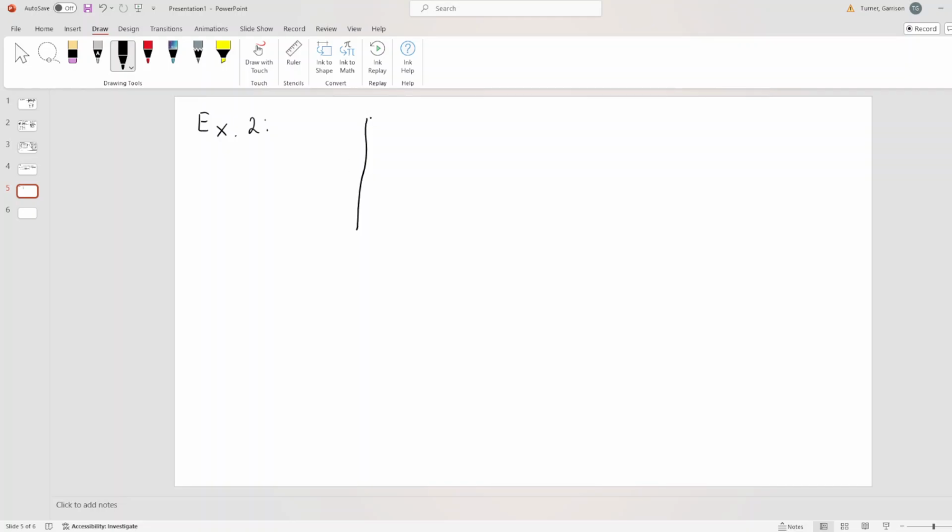Suppose I have a sheet. Okay? And I've measured one side to be, I don't know, 15 centimeters. And the other side I've measured to be 10 centimeters.